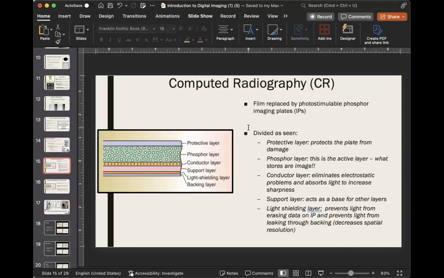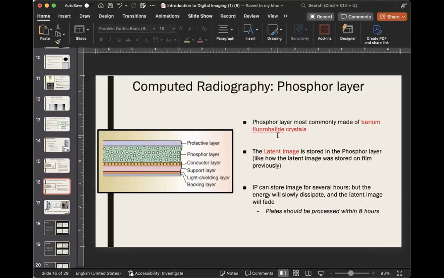When we talk about computed radiography, there's a variety of different layers in what makes up a CR plate. But the main one is our phosphor layer. This is the active layer. This is the layer that stores our images. The latent image is stored in this area. This layer is made out of barium fluorohalide crystals.